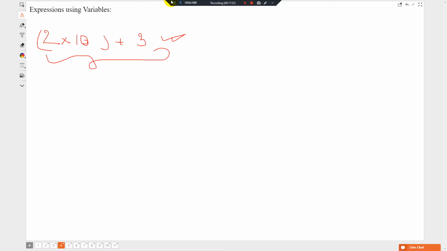To form this kind of expression, what do we use here? BODMAS. We use the BODMAS rule. If we don't put brackets, we don't use the bracket rule.